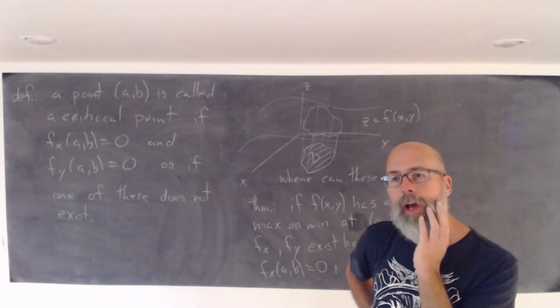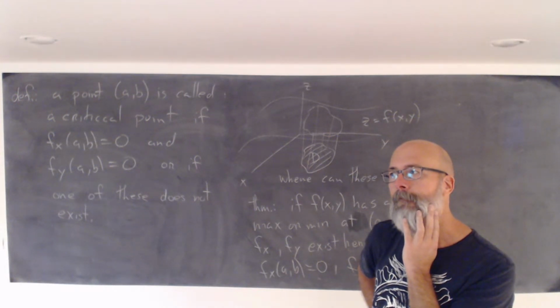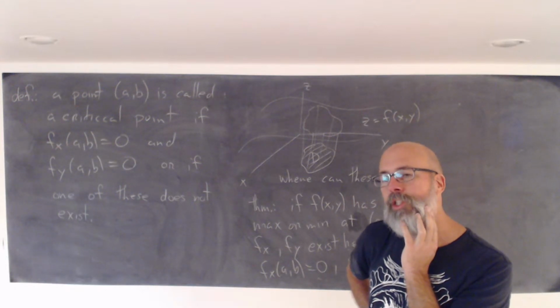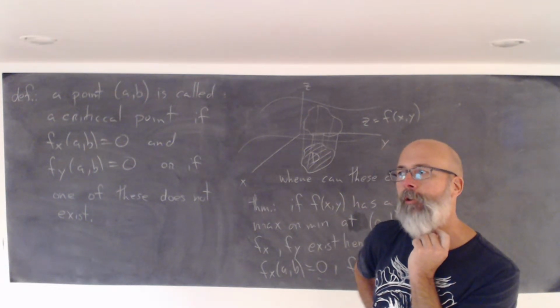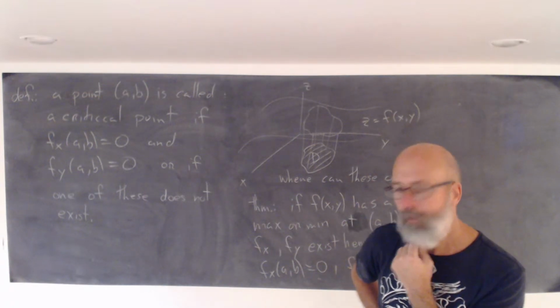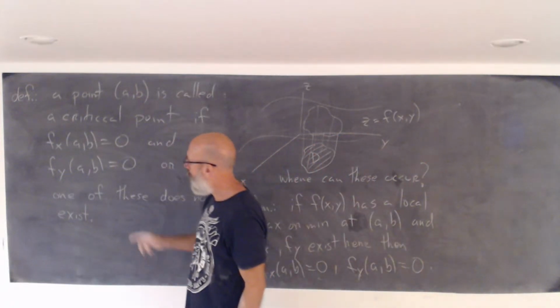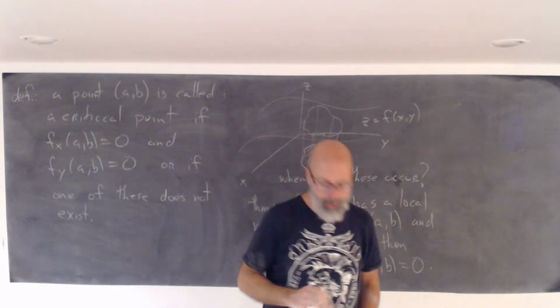I should point out here that there is not a convention in the mathematical community as far as critical points are concerned. Some people call this a critical point: either the derivative is 0 or the derivative does not exist.